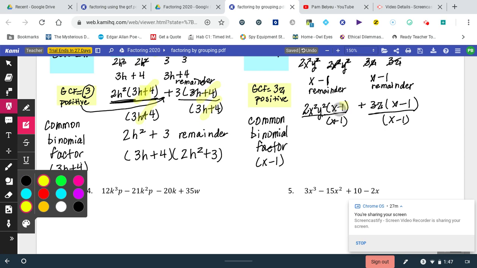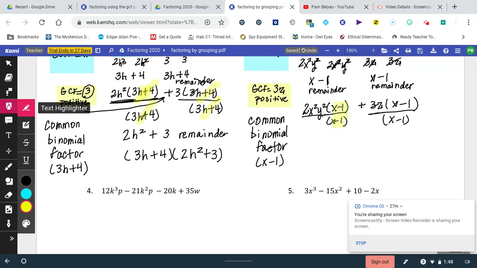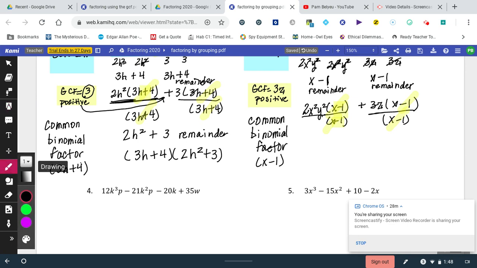All right. These two cancel. I want that. And these two cancel. Okay. All right. So with that being said, I write the remainder, which is 2x squared y squared, because that's what it leaves me with after I cancel those out, plus 3z.